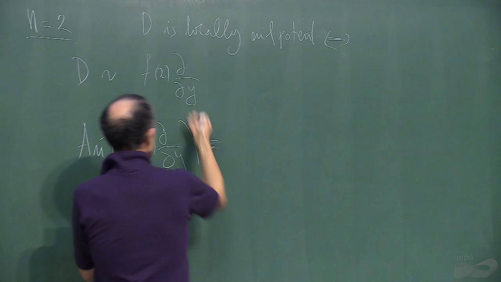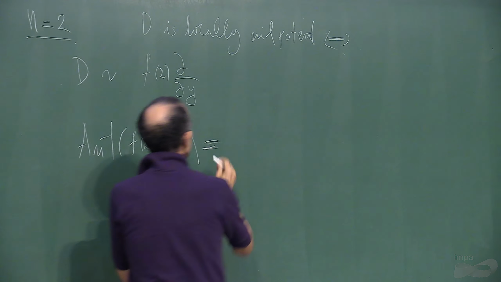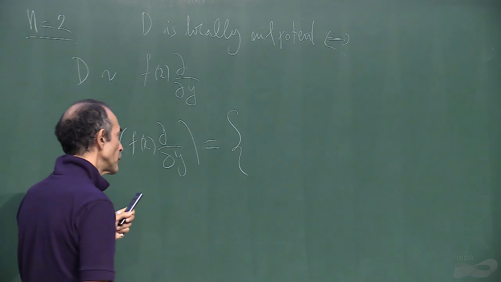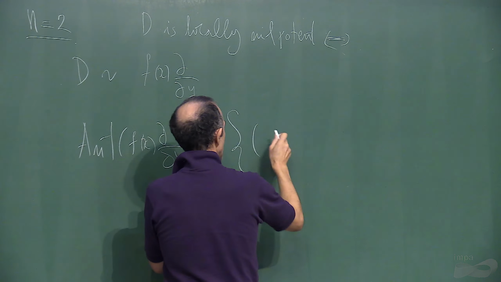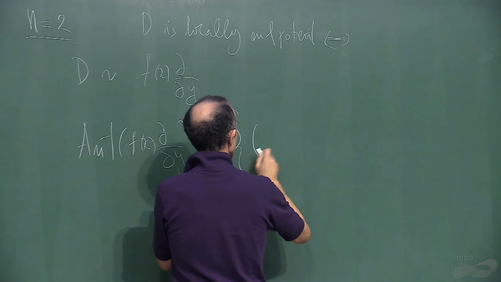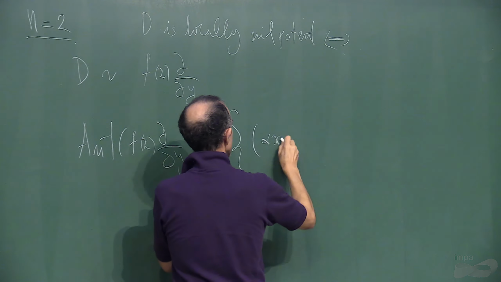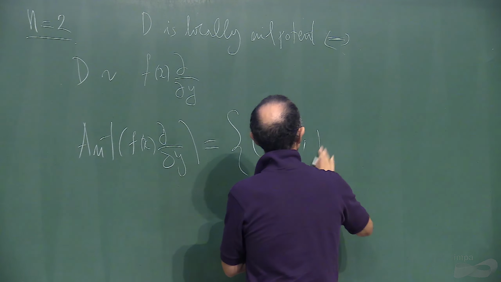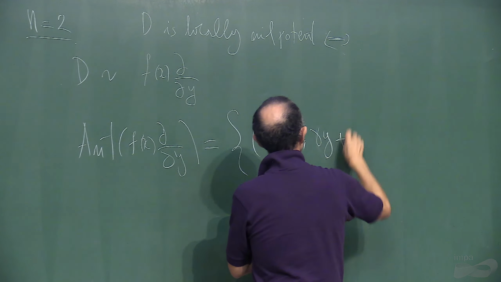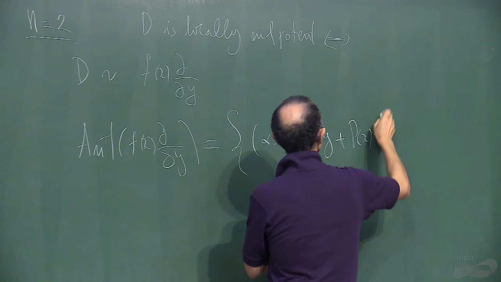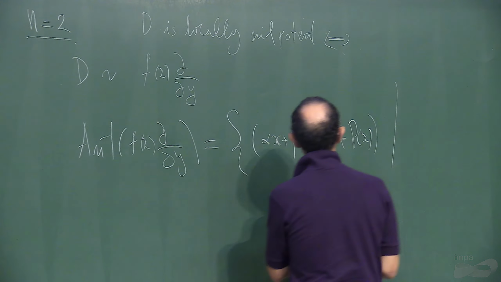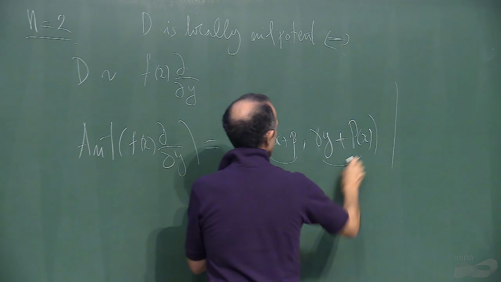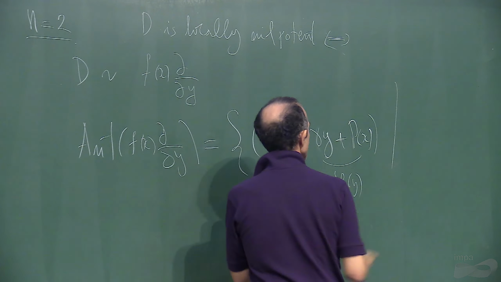And then, because it is very explicit and easy to write, the automorphism group is defined as the following automorphisms: alpha x plus beta, gamma y plus a polynomial in x. This is phi x and phi y.